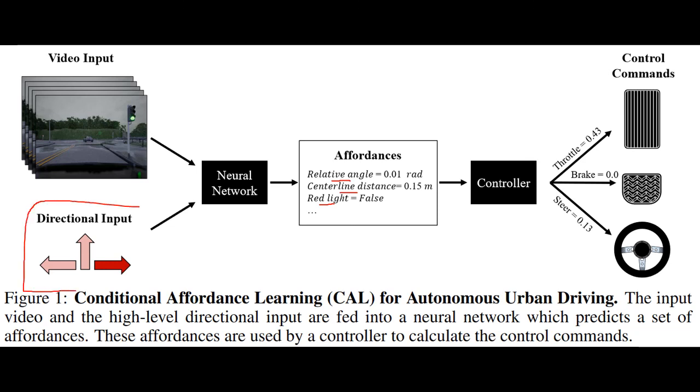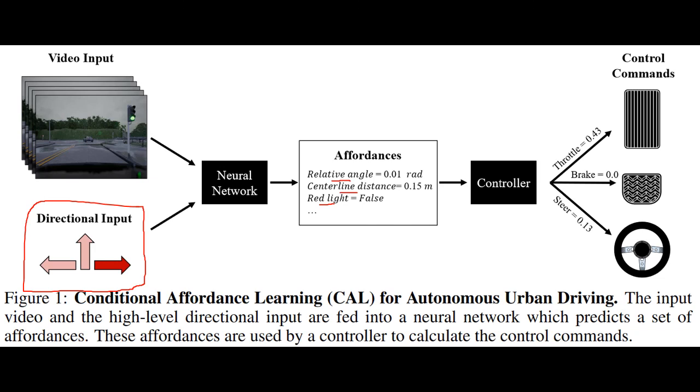What they have here is an additional component considered by the neural network, which is this directional input. That means the maneuvers that need to be performed, such as go straight, turn left or turn right, are included in the decision process.